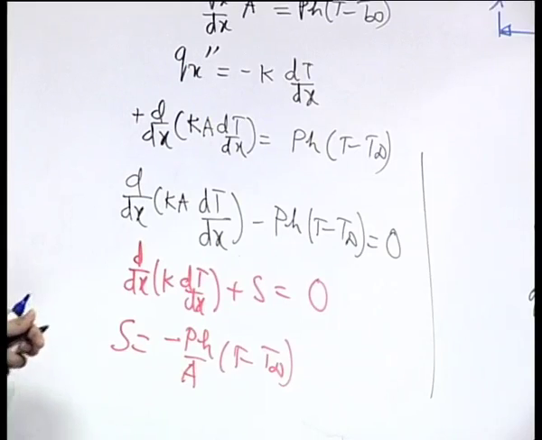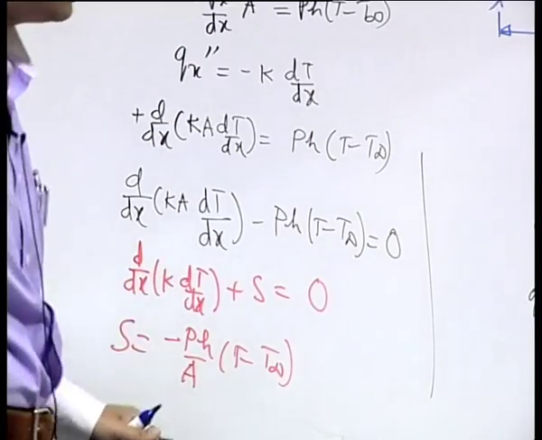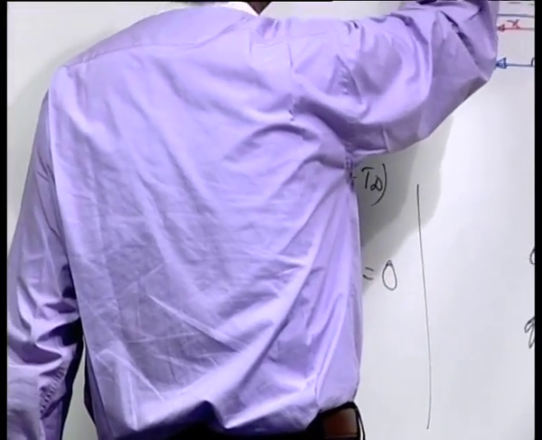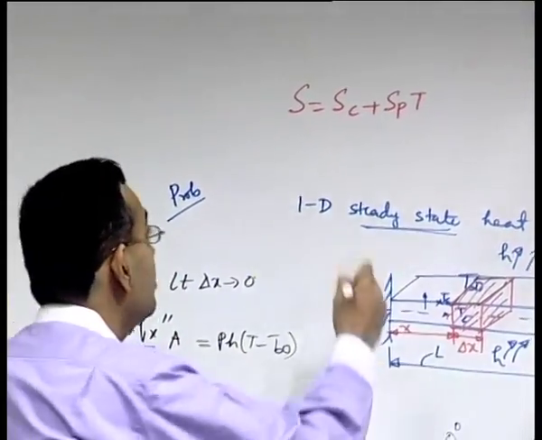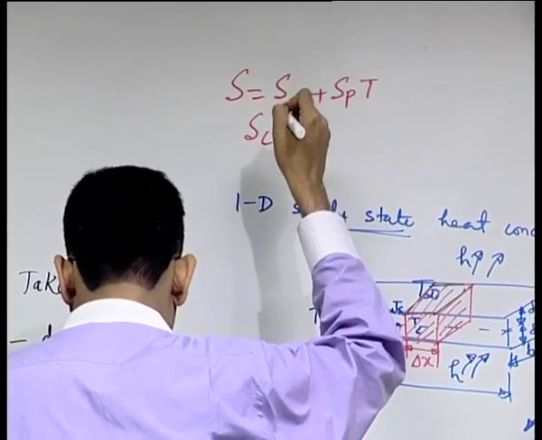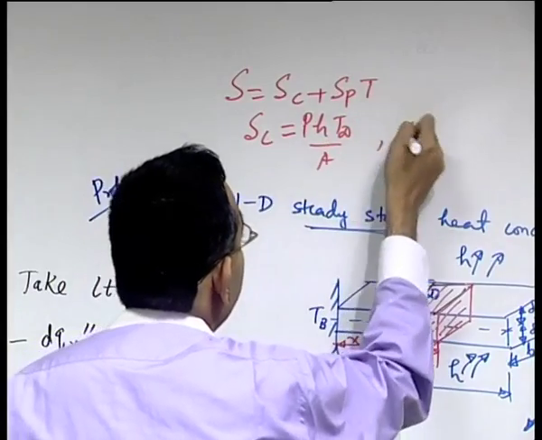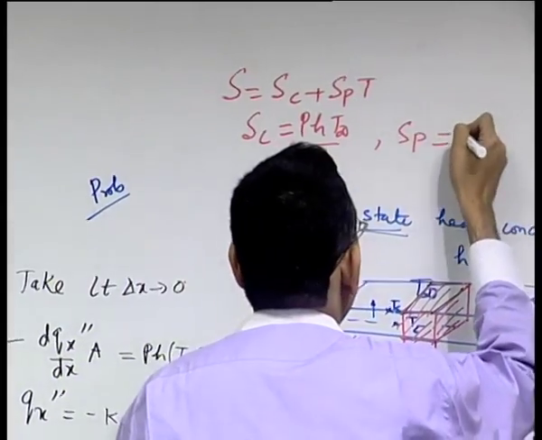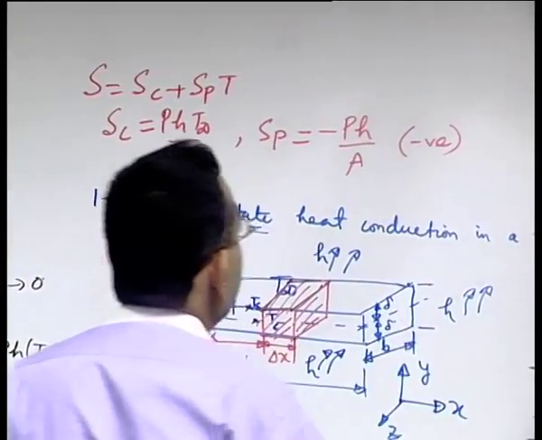So it is already an implicitly linear source term. So S can be written as a combination of S equal to SC plus SP into T. What is SC? P h T infinity by A. What is SP? Minus P h by A. This is negative.